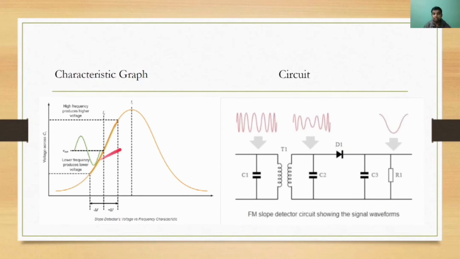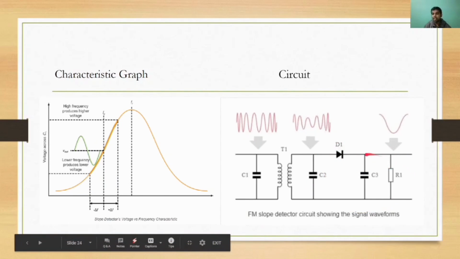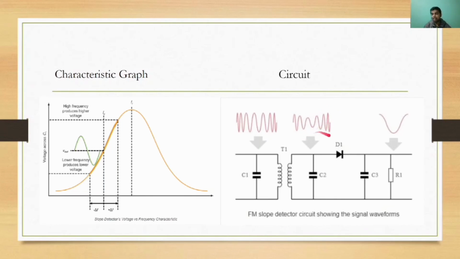So frequency is converted to amplitude according to this graph, and through this we get an AM wave which is then fed into this envelope detector circuit. As previously discussed, this envelope detector circuit will extract the envelope of this signal and will give us the output. So that's the slope detector working.